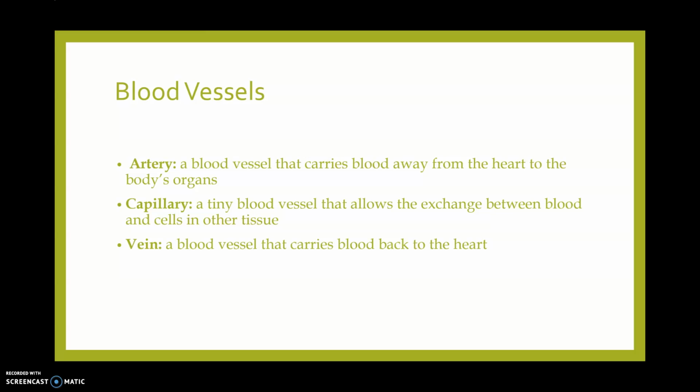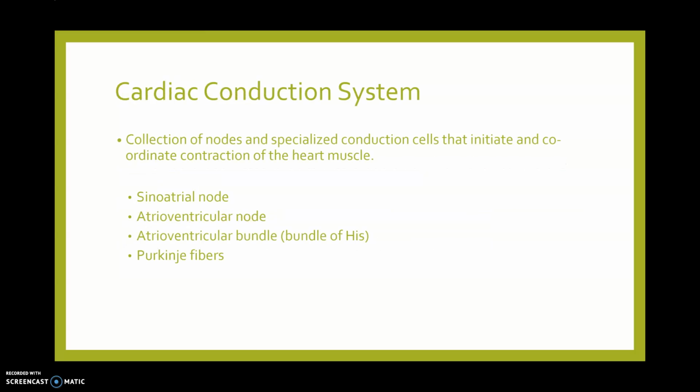The next thing we're going to talk about is how the heart actually pumps. So we have a cardiac conduction system. What this is, is the electrical system of the heart that allows the heart muscle to contract. It's a collection of nodes and specialized conduction cells that initiate and coordinate contraction of the heart muscle.